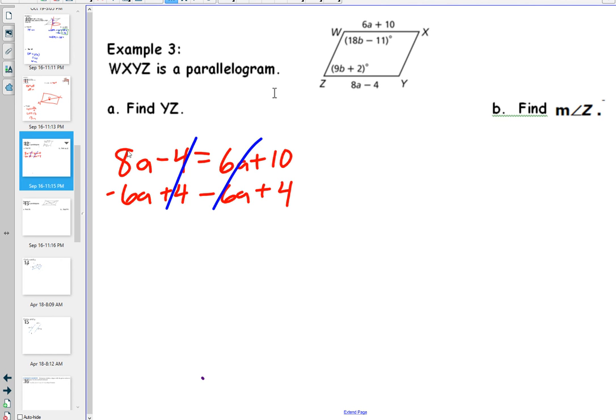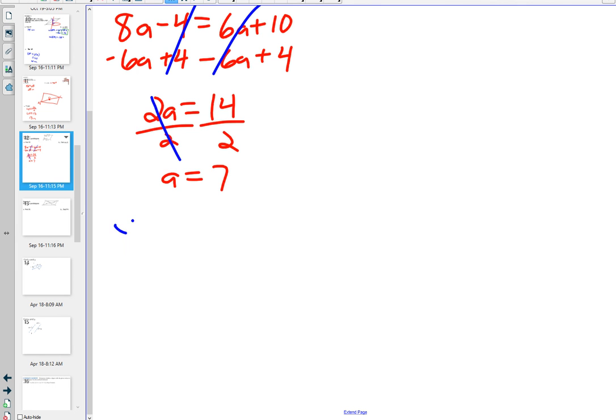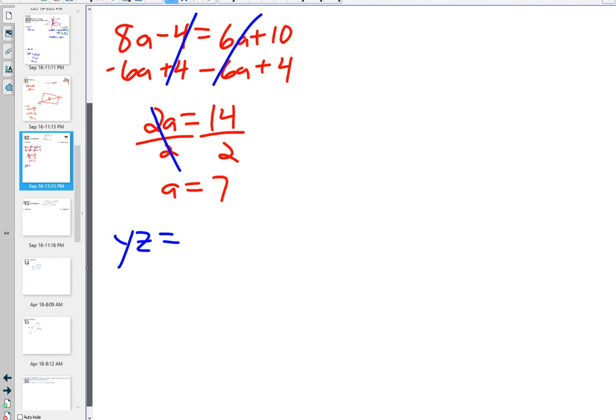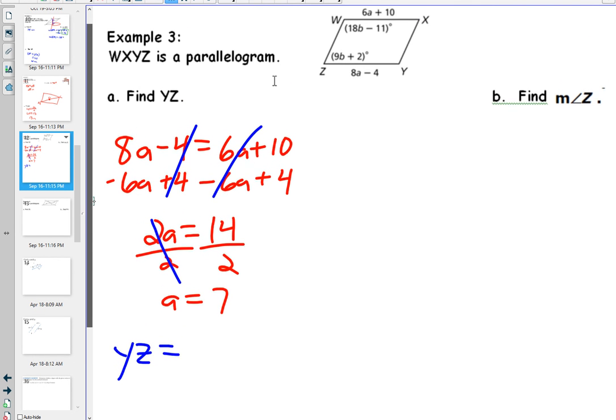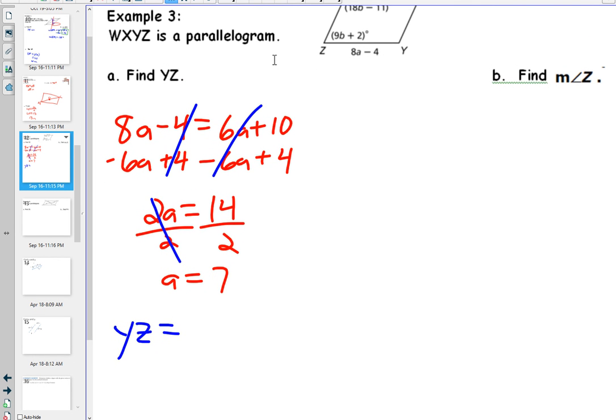So I just do it that way, where all my a's end up on the left and all the constants end up on the right. I get 2a is equal to 14. Divide by 2. And yeah, I'm done. Well, why not? Yeah, because they didn't want a, they wanted YZ. So to find YZ, I substitute, like they do in the hood. That's what all the cool kids do.